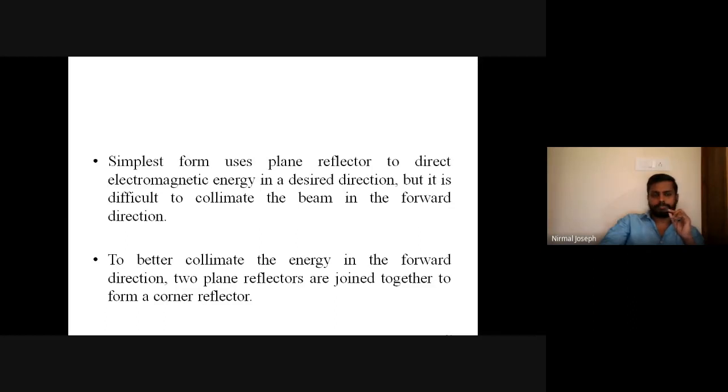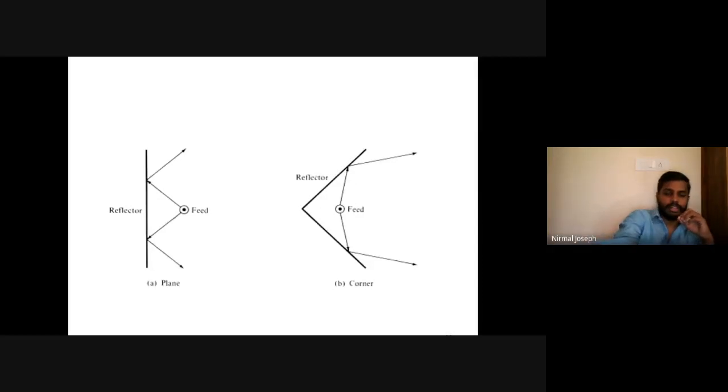To better collimate the energy in the forward direction, two plane reflectors are joined together to form a corner reflector, and we can concentrate the energy to a particular point.